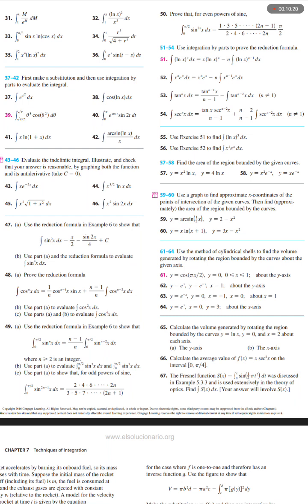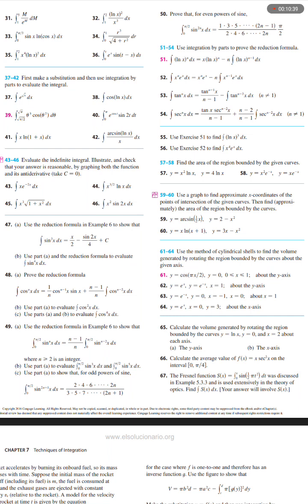Part B, use part A to evaluate the integral of cosine squared x dx. Part C, use parts A and B to evaluate the integral of cosine to the fourth power x dx.